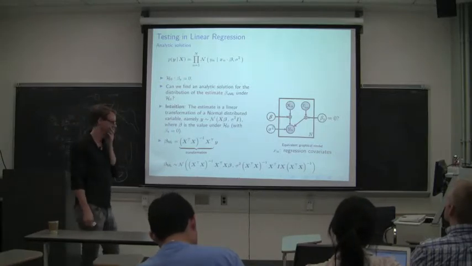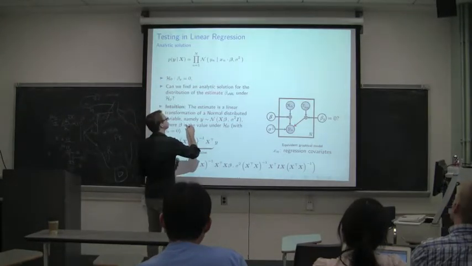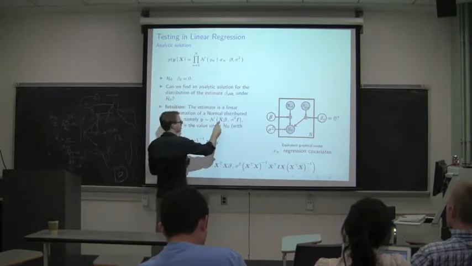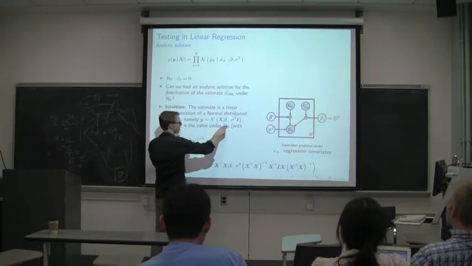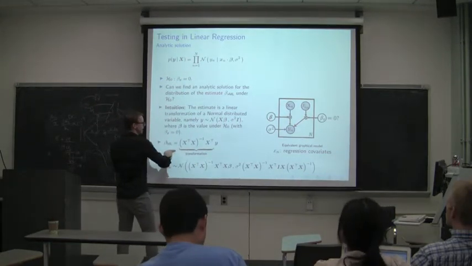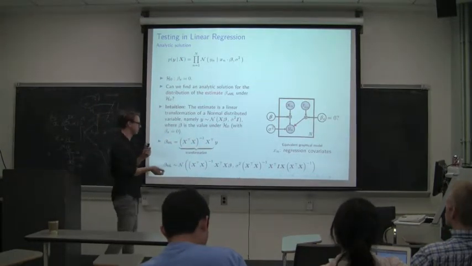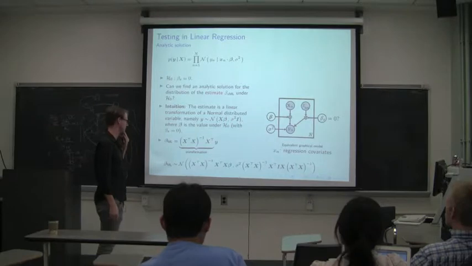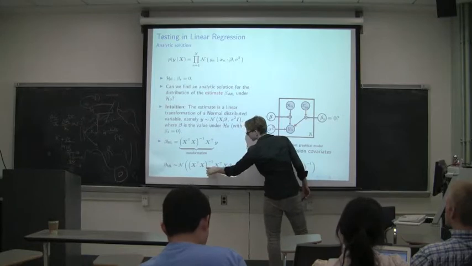Our null model says y is Gaussian distributed with mean x beta, where one beta equals 0, and with this covariance matrix. If we take the data and multiply it by an arbitrary matrix, then it's also a Gaussian distributed variable, and we can compute its mean and its covariance matrix. We can simplify this a bit, because this is x transpose x and this is x transpose x inverse.